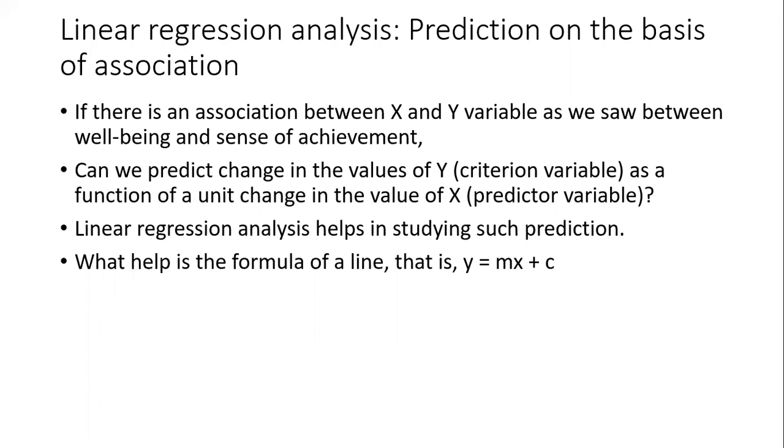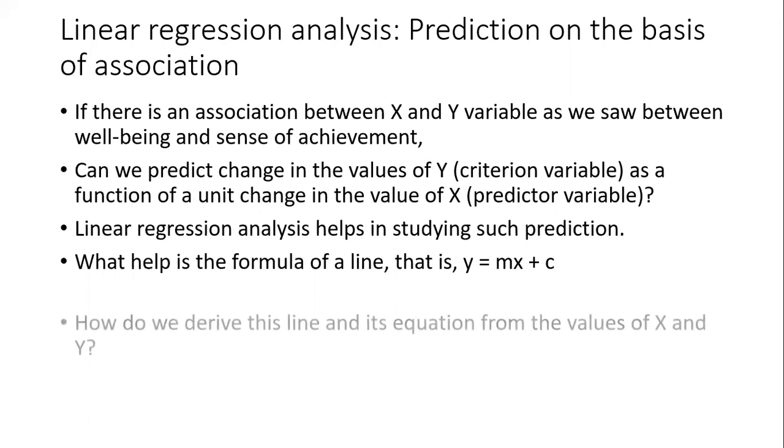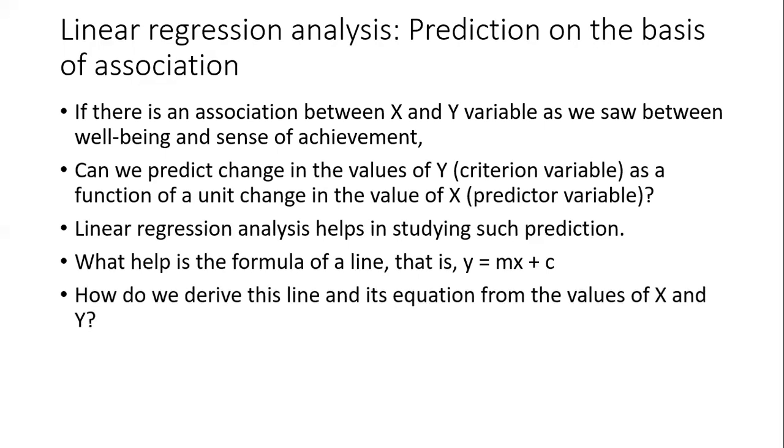So we are familiar with that. So that's y equals mx plus c. Now the question arises, how do we derive this line and its equation from the values of x and y? Because we find that generally these are scattered on the scatter diagram. It doesn't follow a line specifically.